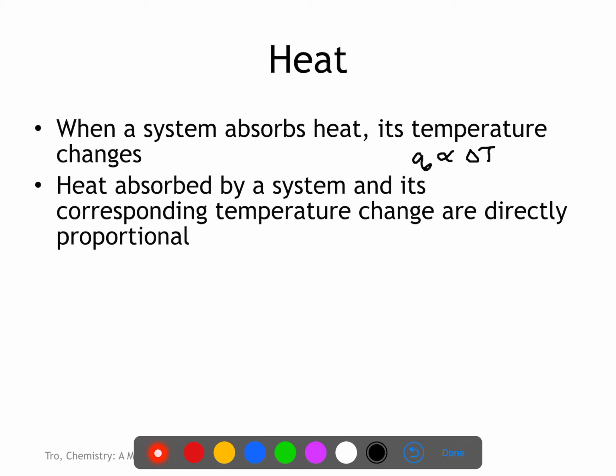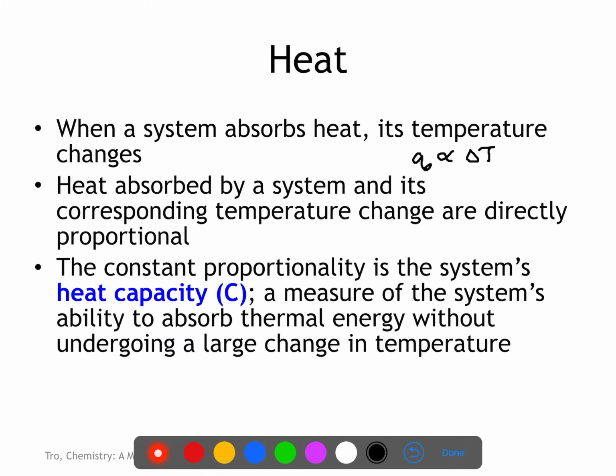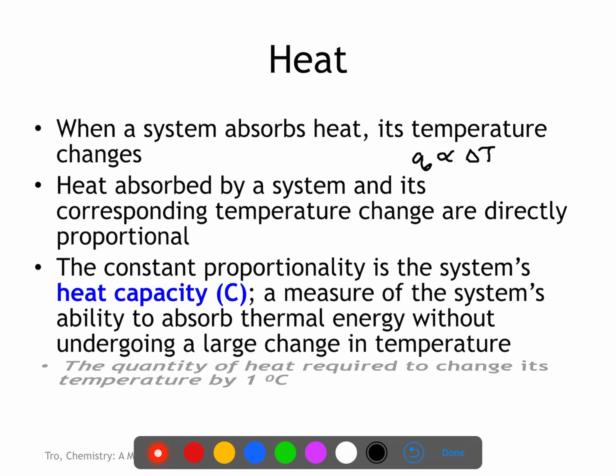And this constant of proportionality is the system's heat capacity, a measure of the system's ability to absorb thermal energy without undergoing a large change in temperature. It is the quantity of heat required to change its temperature by 1 degree Celsius.